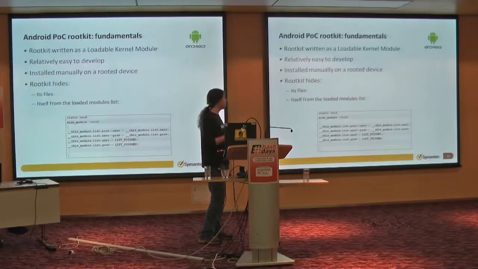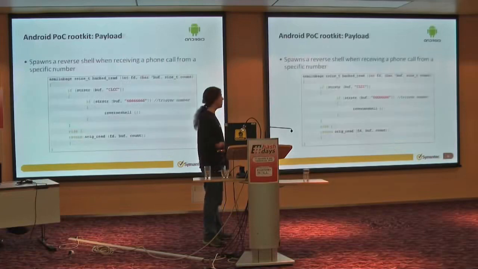And the rootkit really does very little. It only hides itself from disk. It also hides its kernel module, and it has a backdoor. They just show this as an example of what the rootkit would be able to do. In this backdoor, they just hook the syscall read, and they're looking for the CLCC command.